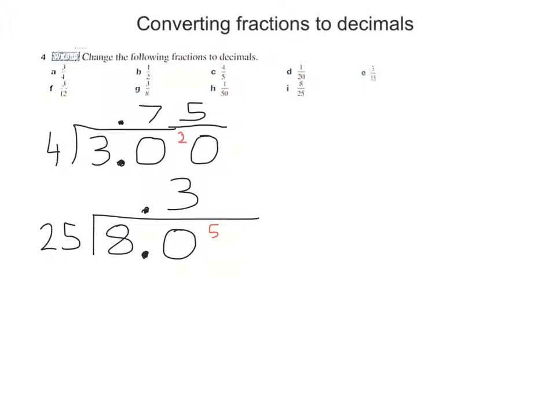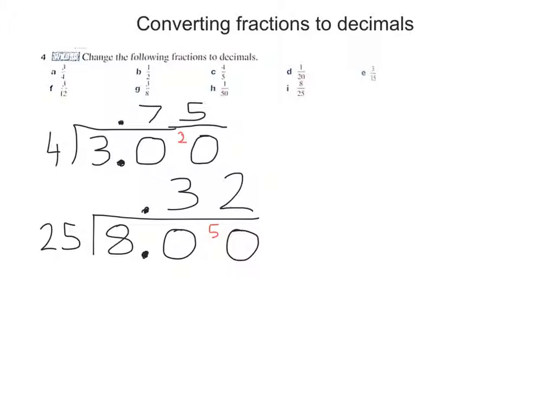So once we got the remainder down, we put a 0 after the remainder. Now we're asking the question, 50 divided by 25, or how many groups of 25 go into 50? We know that 25 plus 25 is 50, so 25 goes into 50 twice. And there are no remainders, so your final answer should be 0.32. So 8 over 25 as a decimal is 0.32. So that should be your final answer.